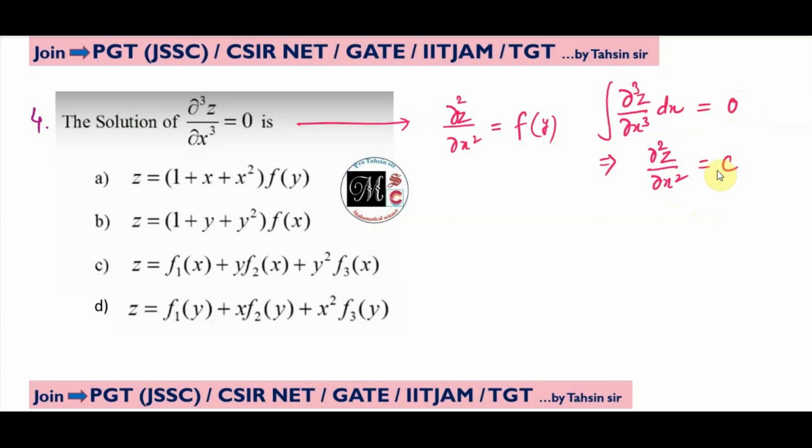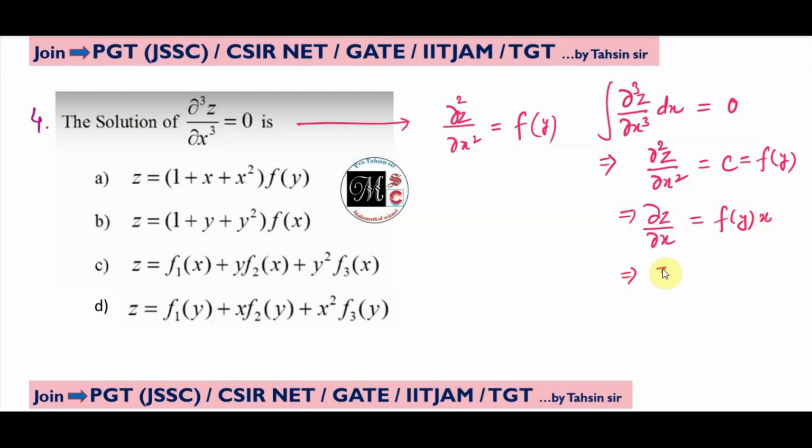But since this is partial integration with respect to x, y is constant, so we take the constant as a function of y. Clear? Again when we integrate, we get curly z by curly x equal to f(y) is constant, and integration with respect to x gives x.